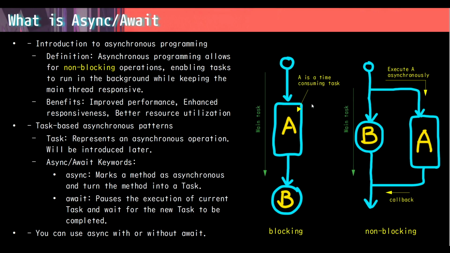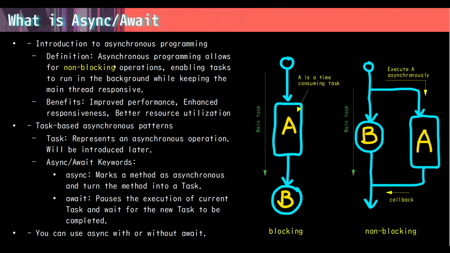And if we fork a different task for method A, since it consumes a lot of time, we are thinking of putting method A into another task or another thread. If this is what we are trying to do, then method A will no longer block method B. So this kind of programming style is called non-blocking.